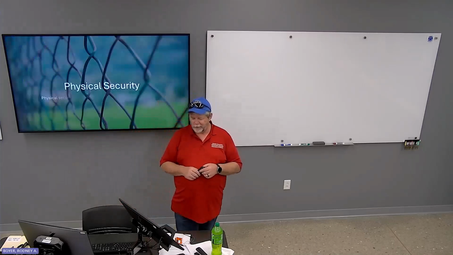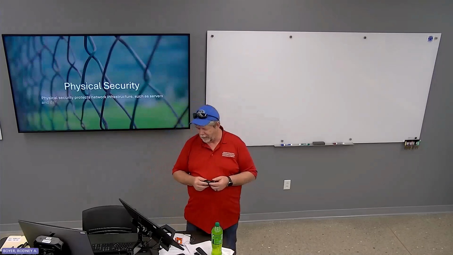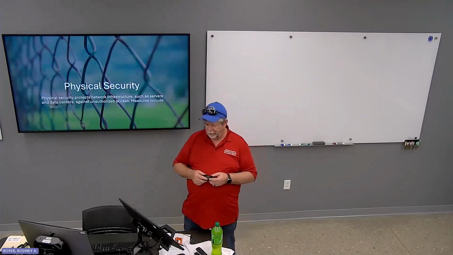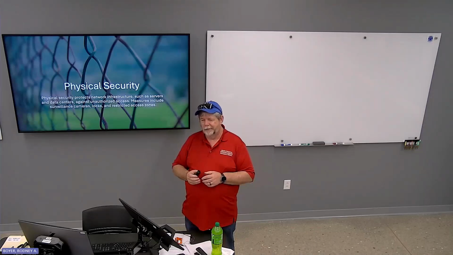Okay. Physical security protects network infrastructure such as servers and data centers against unauthorized access. Measures include surveillance cameras, locks, and restricted access zones. Just put it in a room, locked door. Pretty easy. Except it's pretty easy to pick a lock.